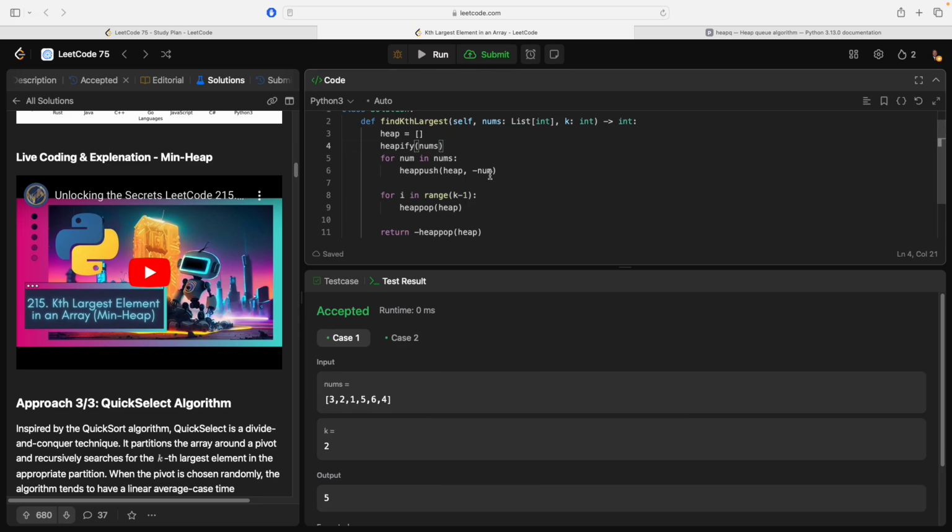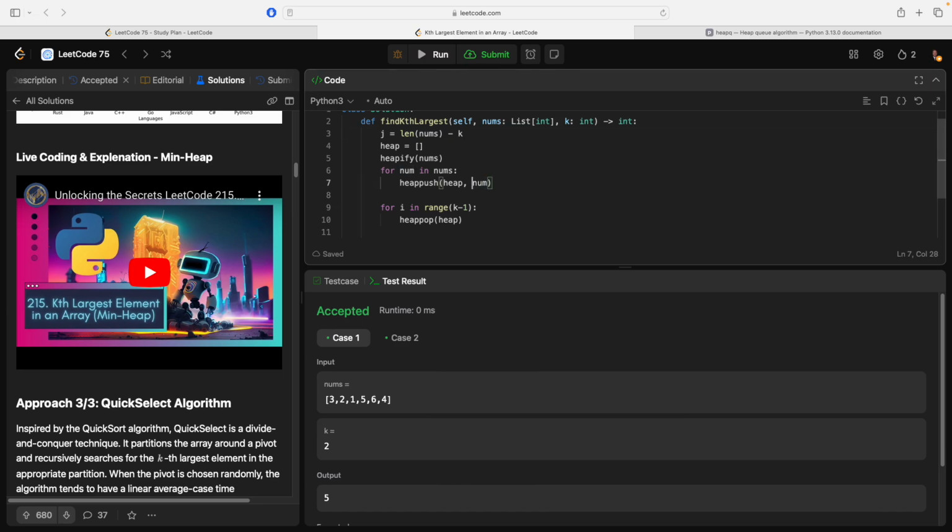And then we could just pop off until it would be length of nums minus k. We could say j equals length of nums minus k. So that's how many elements we need to pop off.